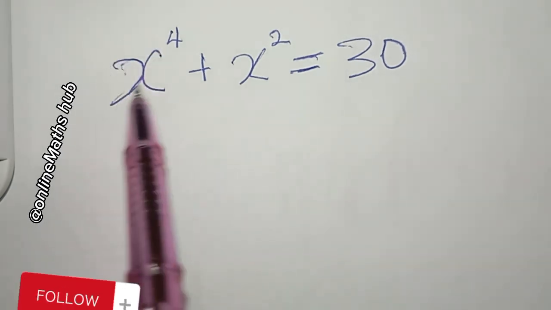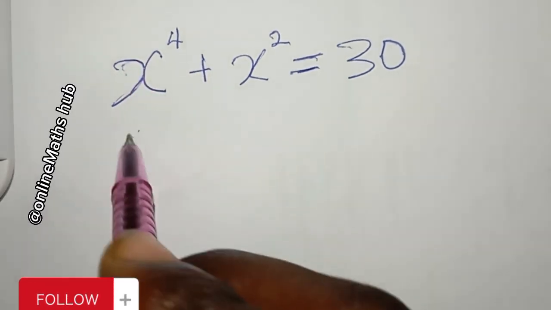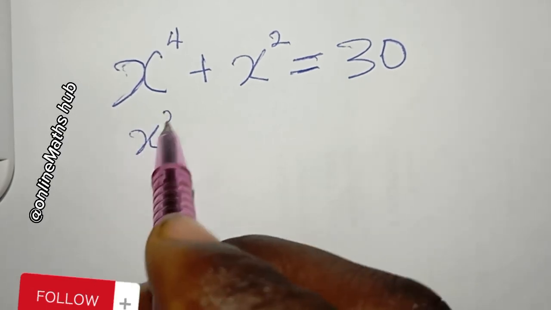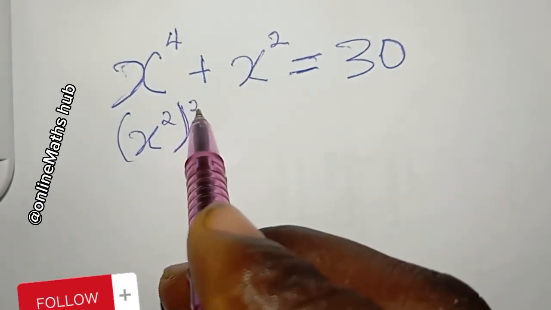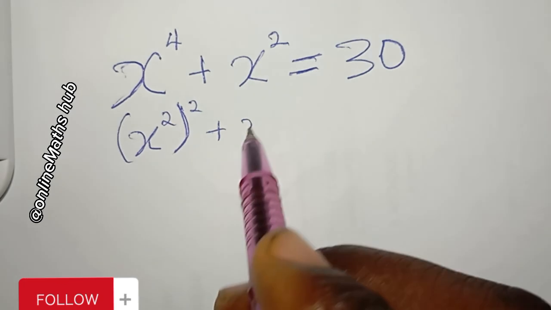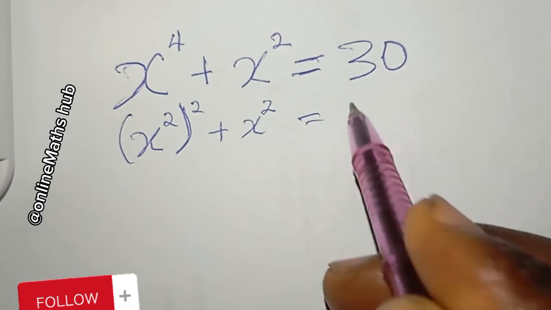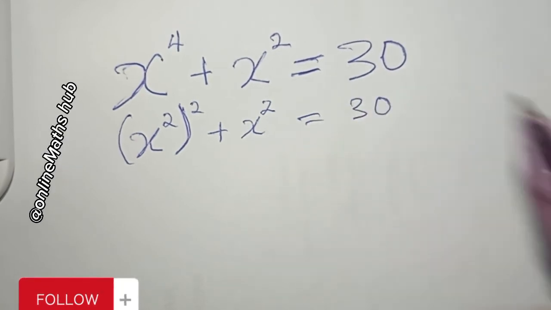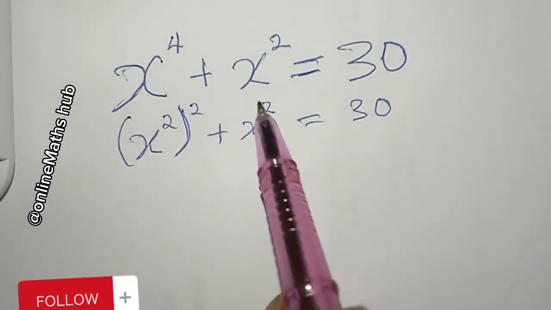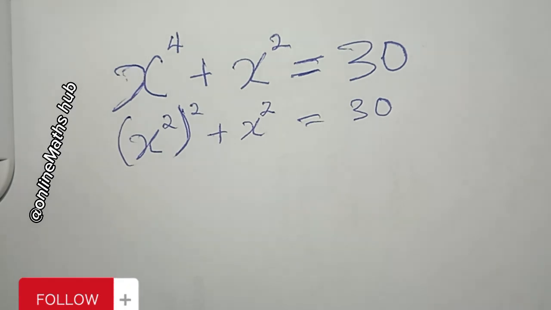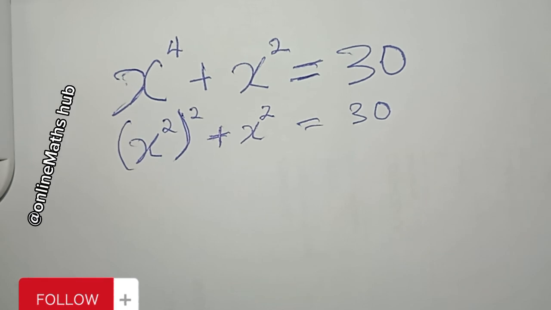So what I'm going to do is rewrite this x power 4 as x power 2 all power 2, plus x power 2, and it's equal to 30. Next, I'm going to set x power 2 to be another variable so that it is more convenient to solve.